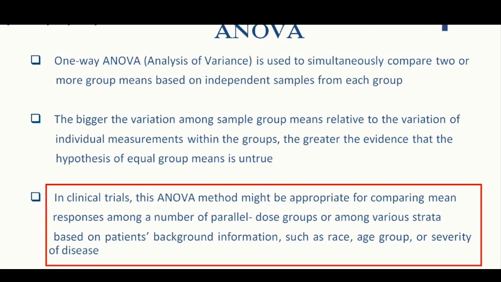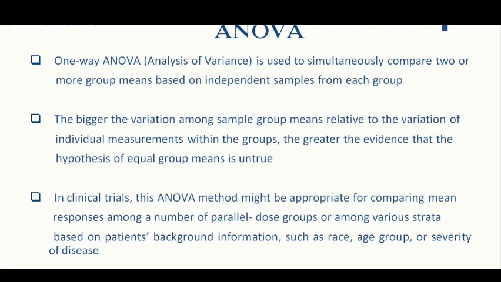In clinical trials, this analysis of variance method might be appropriate for comparing mean responses among a number of parallel dose groups or among various strata based on patient's background information such as race, age group or severity of disease.